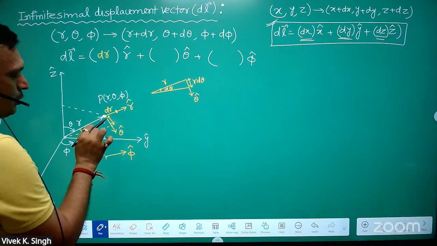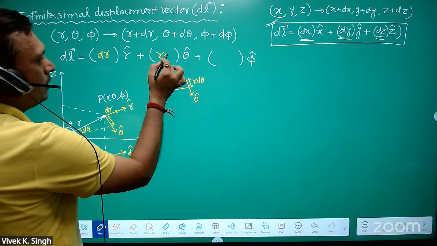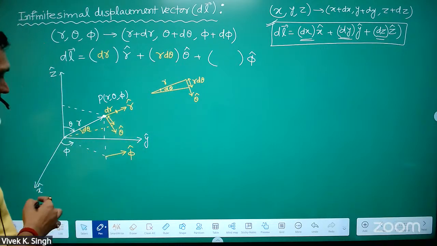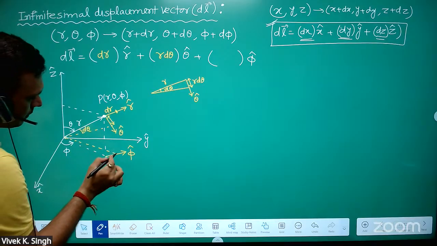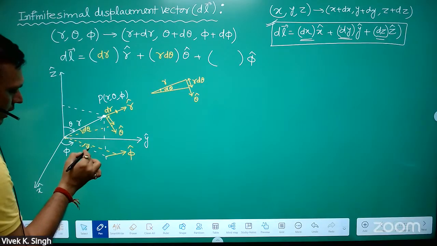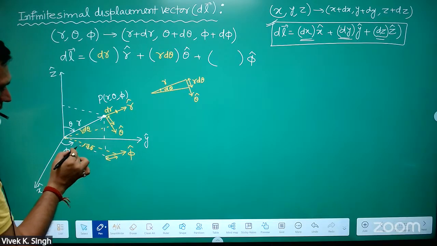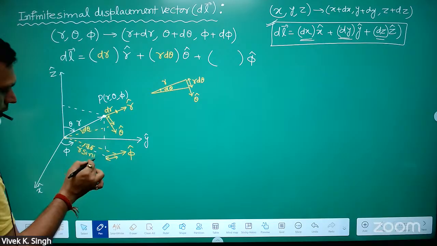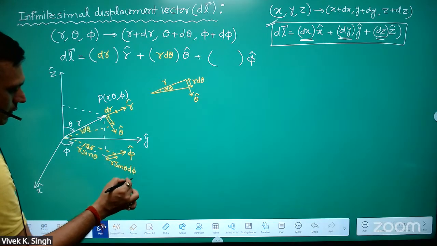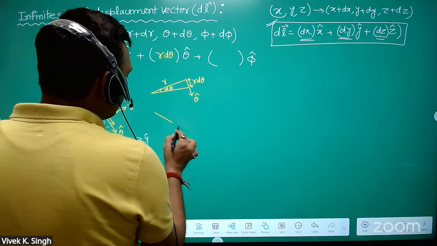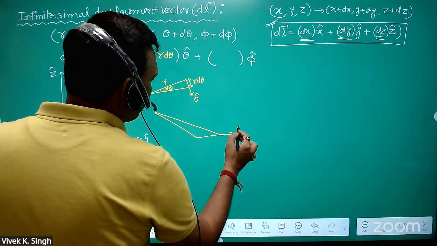When theta changes by d theta, what will be the change along theta cap? That changes r d theta. And if phi changes by d phi, let's see. This changes d phi. So what will be the change along this? Because this radius is r sine theta, this will be r sine theta d phi. You can redraw this. This is phi cap.